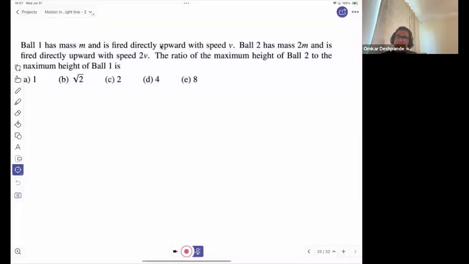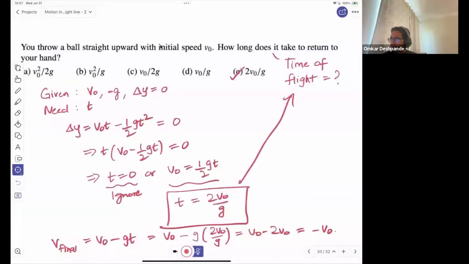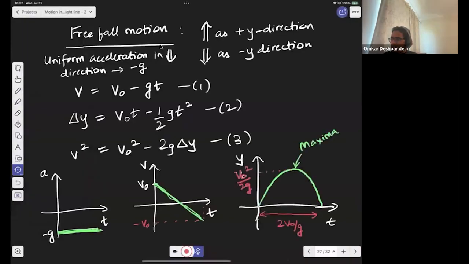I mean, in 1D kinematics, to speed things up, it helps to remember some of these intermediate results, right? For example, that the ball is going to come back at the same speed with which we threw it up. The total time of flight will be 2v0 by g. The maximum height will be v0 square by 2g.